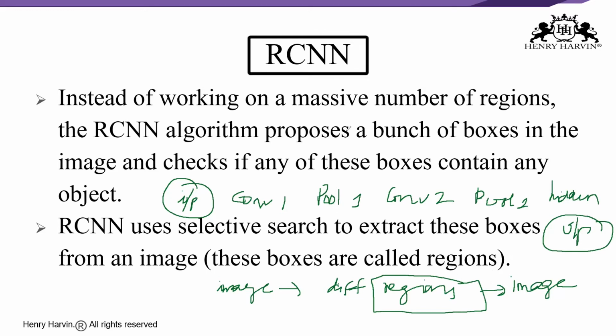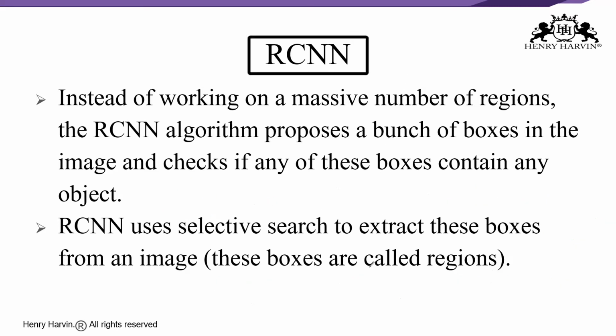So what is the problem with this approach? Each region or each object may have different aspect ratios and different spatial locations. In some cases, the object may be covering most of the image, and in some cases, it may be covering a small percentage.